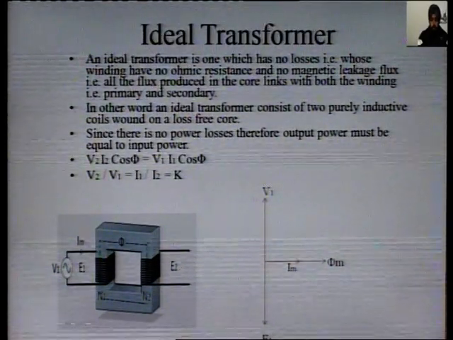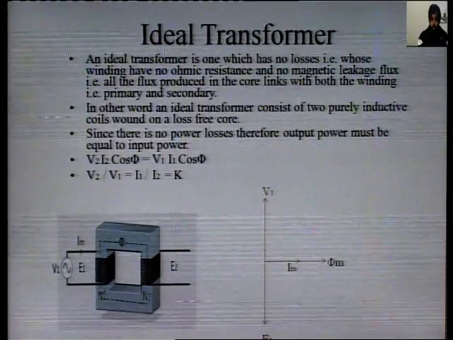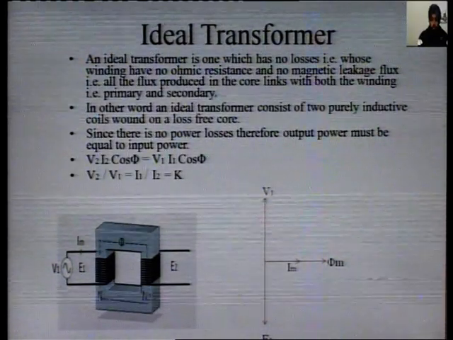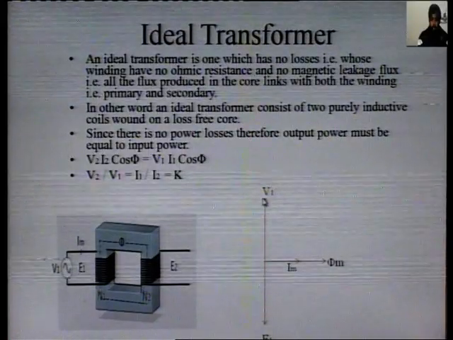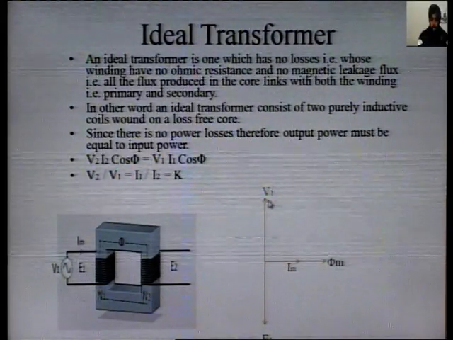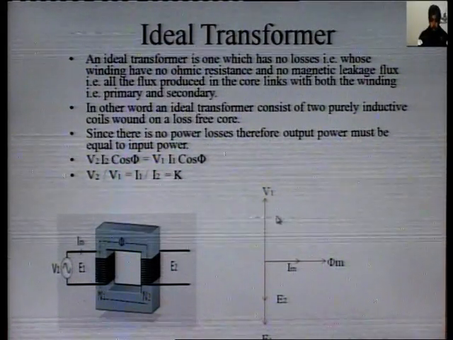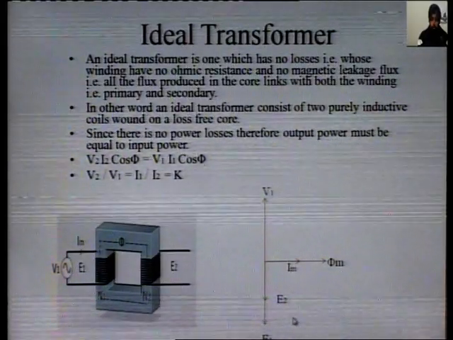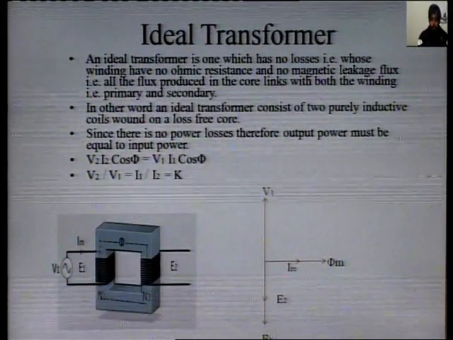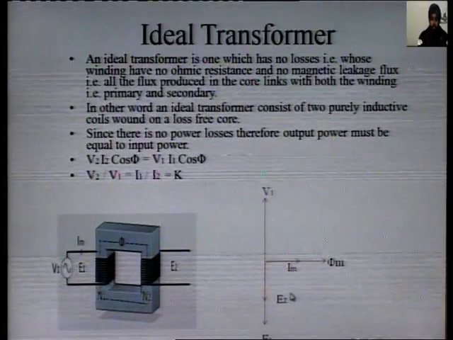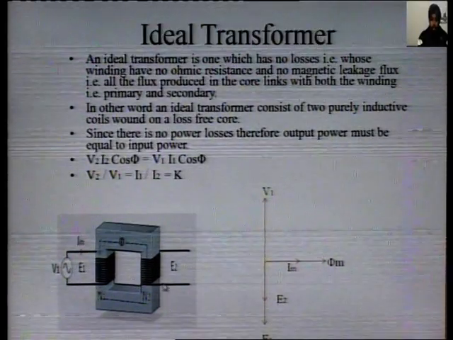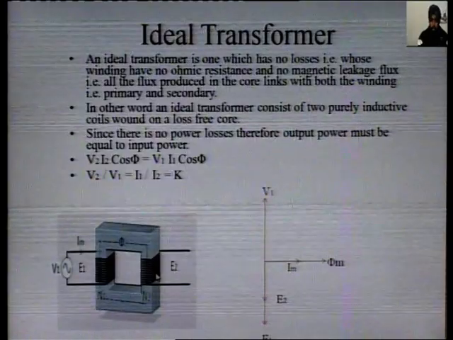The EMF induced in the primary side, the magnitude of E1, is equal and opposite to the applied voltage V1, and EMF E2 will be in phase with E1. The magnitude of E2 depends upon the number of turns on the secondary side.